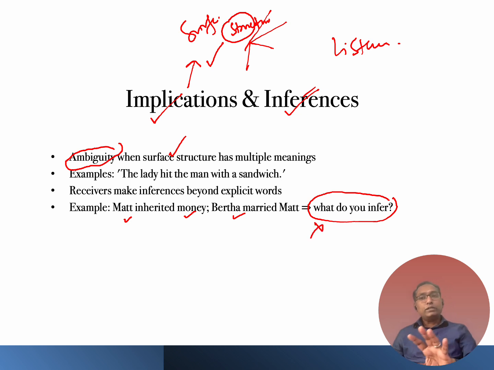But is that an authorized inference? It may not be an authorized inference. Maybe the speaker is just presenting two different things, but presented in a non-conventional way, which made the listener make an inference. So it is important as a speaker to make sure you're aware of what kind of unauthorized inferences the listener might be making. At the same time, as a listener, you have to be aware of the potential inferences and clarify, make sure you make the right inference.